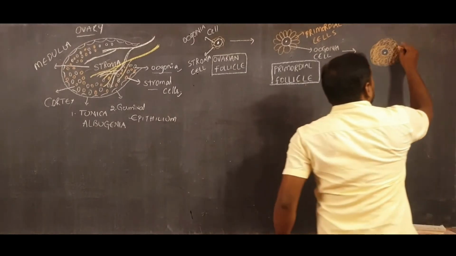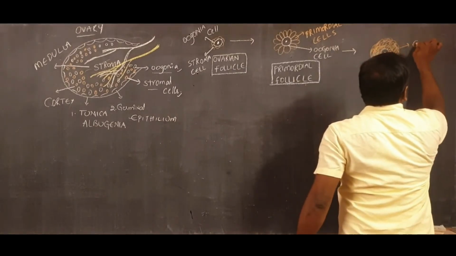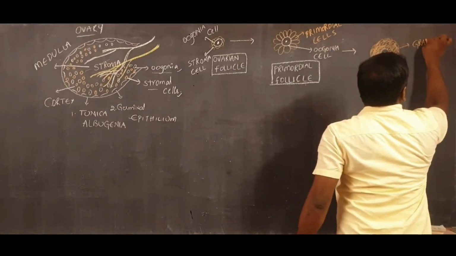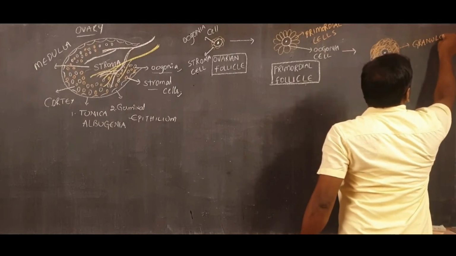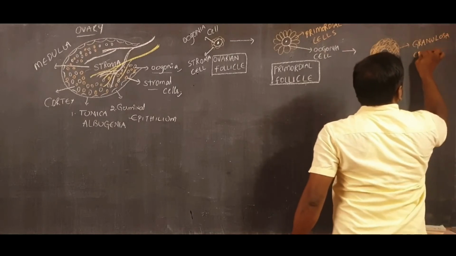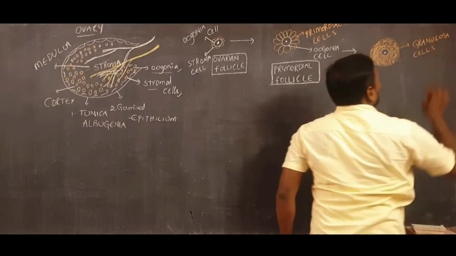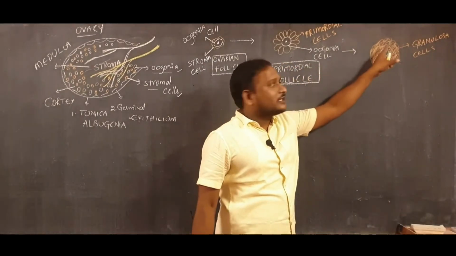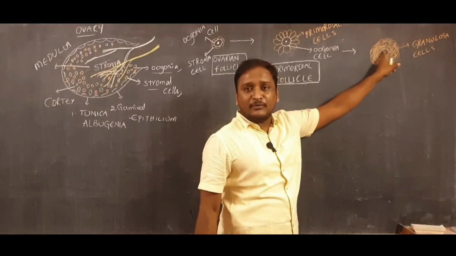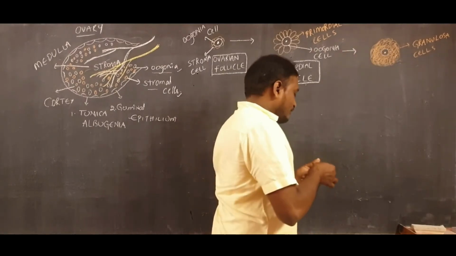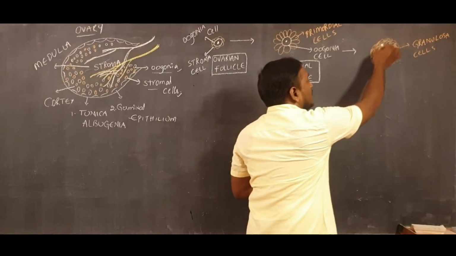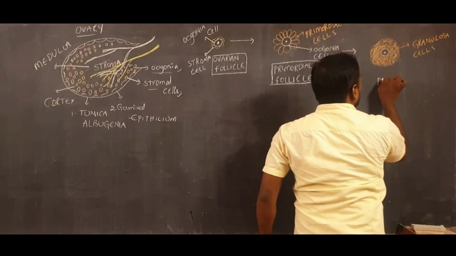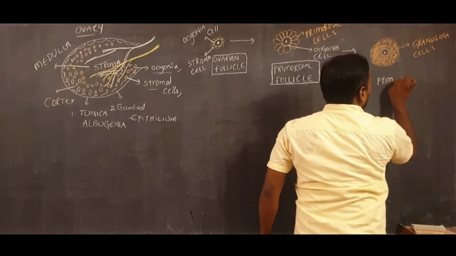That's why these cells are now called granulosa cells. And inside is the female gamete, that is the same, that means oogonia. And when we observe this follicle, this type of follicle is also called primary follicle.